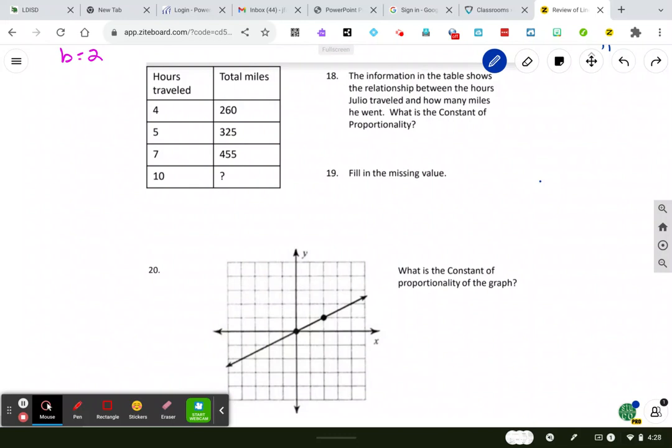Hotels are an example. Hotels will charge you a fee if you don't arrive by a certain time. So if you're supposed to be there by 4 o'clock and you don't get there till 10 o'clock at night, they will charge you for that time because you had made a commitment to be there by a certain time.